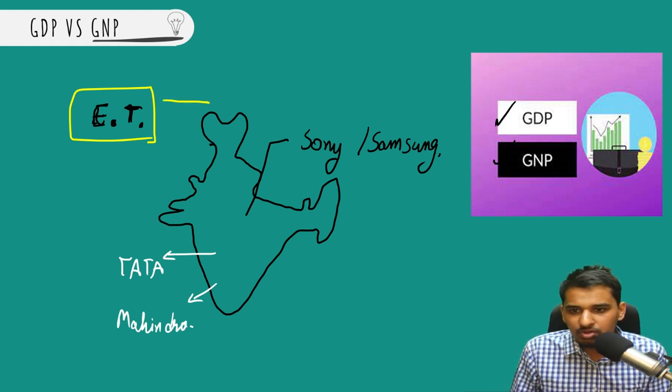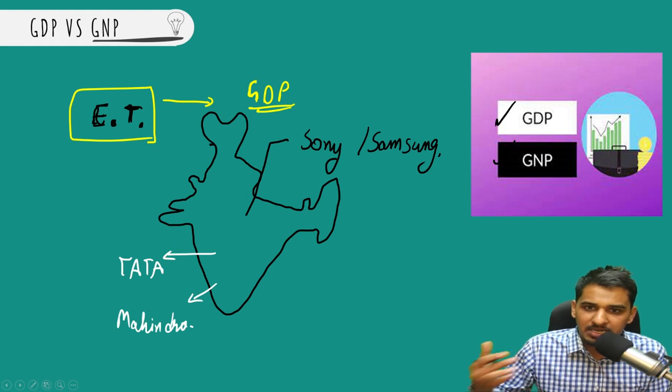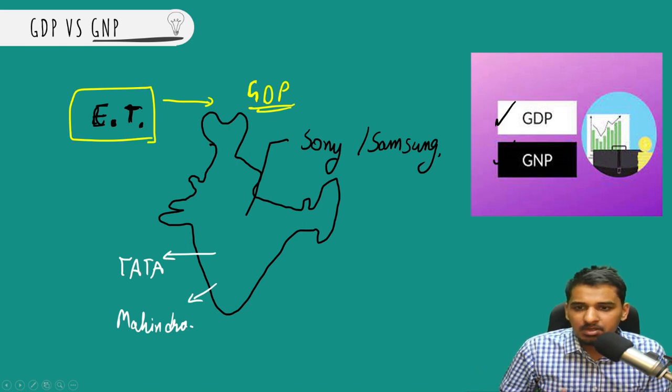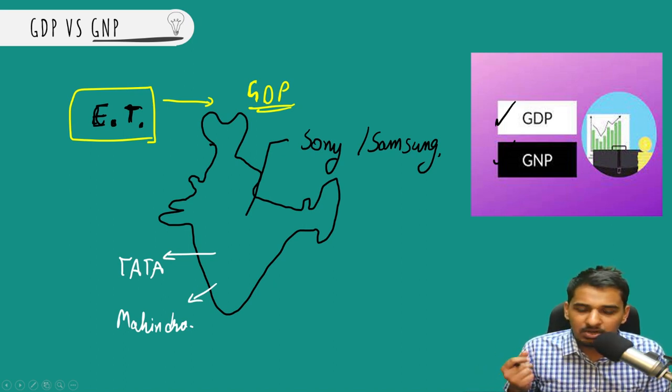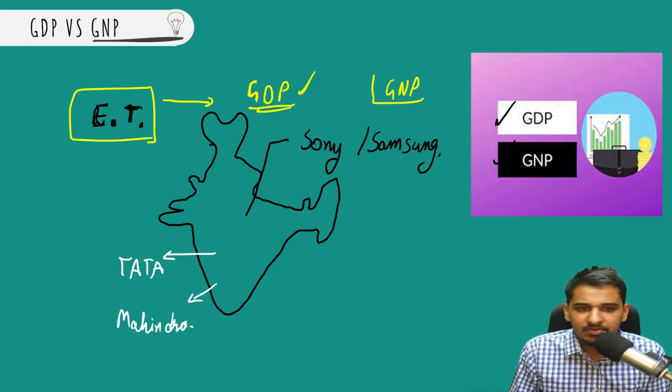So any goods produced within the economic territory of India is counted in the GDP of India, be it by a foreign company or by an Indian company. If it is getting produced within the economic territory of India, then it will be included in the GDP. I hope you got the concept of GDP.